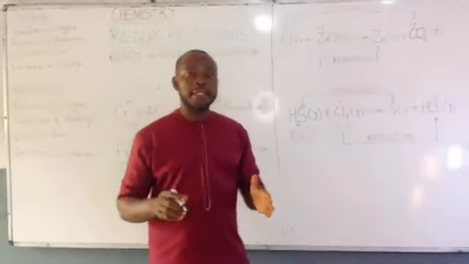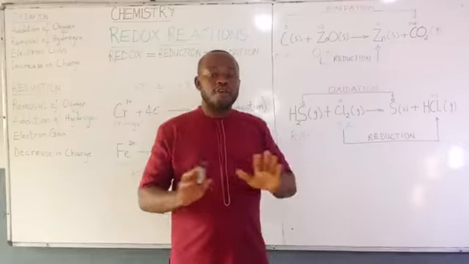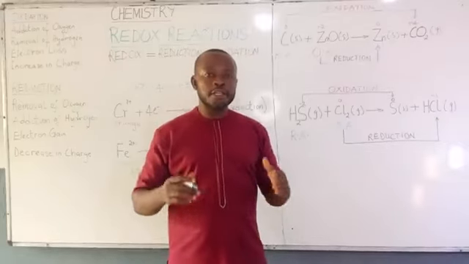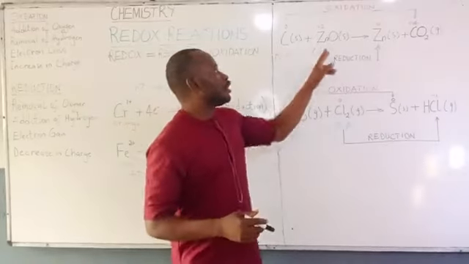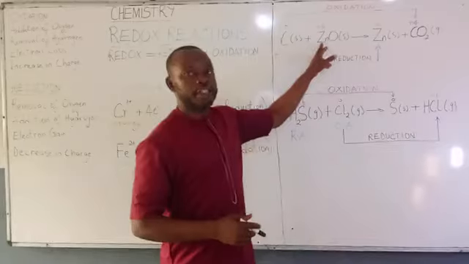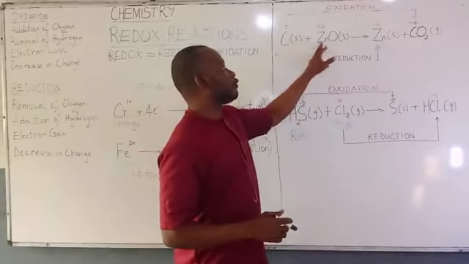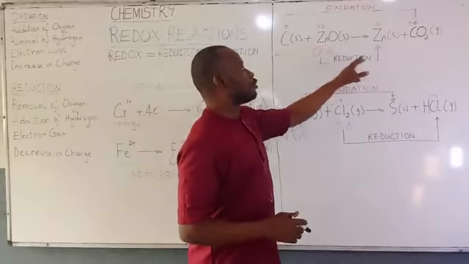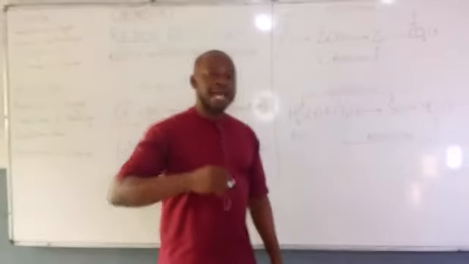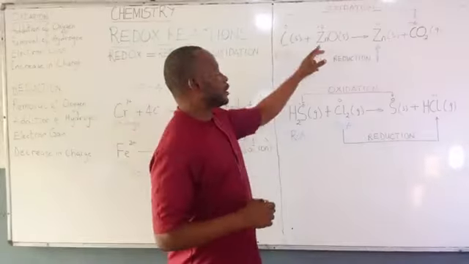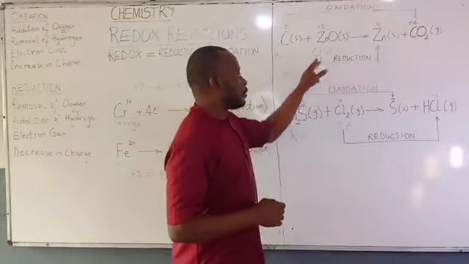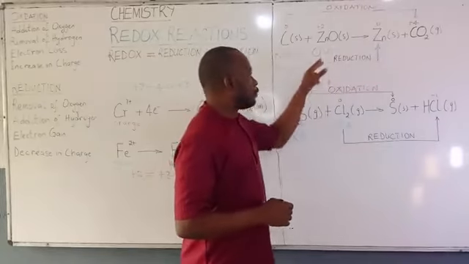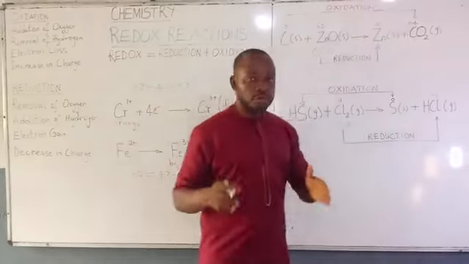Remember, we say that whenever an element is not combined with another element, its charge, its oxidation number is 0. So the oxidation number of zinc changes in this reaction from +2 to 0. What has happened to the zinc? It has become reduced. It has experienced a reduction following this arrow here. Do you understand?